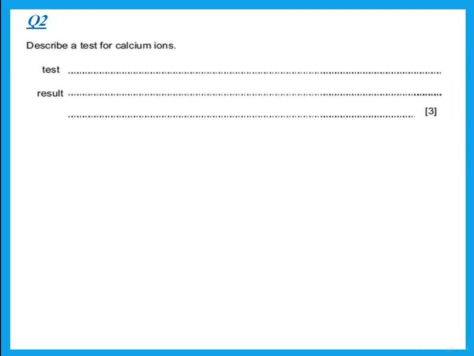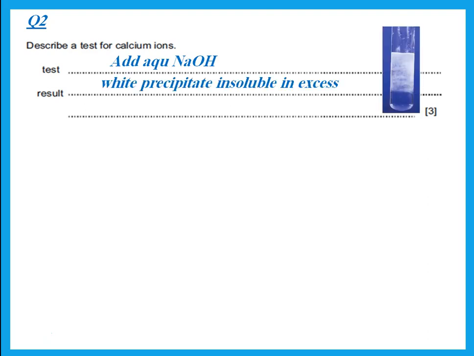Now, these next questions are questions that are direct to write the test. So he says, describe a test for something. So you just write the test and what you should get. Describe a test for calcium ions. So for calcium ions, we add aqueous sodium hydroxide. Now, what should I get if I have calcium? I should have a white precipitate insoluble in excess.